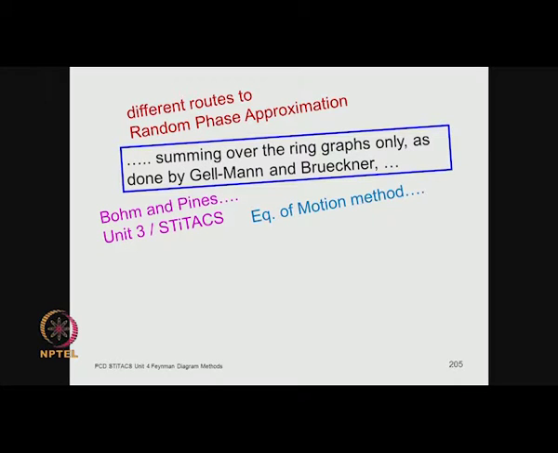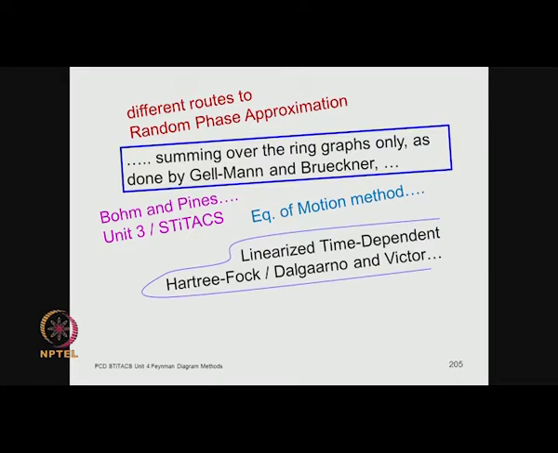There is the equation of motion method, there are propagator methods, and then there is a method which is of particular interest to some of us, because this is the form in which we make use of the random phase approximation in some of the studies that many of you sitting in these classrooms are using.